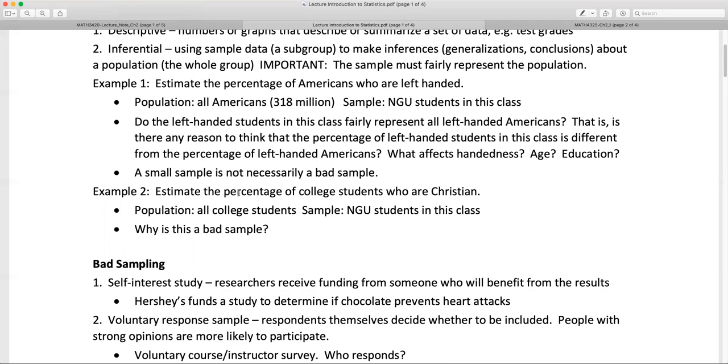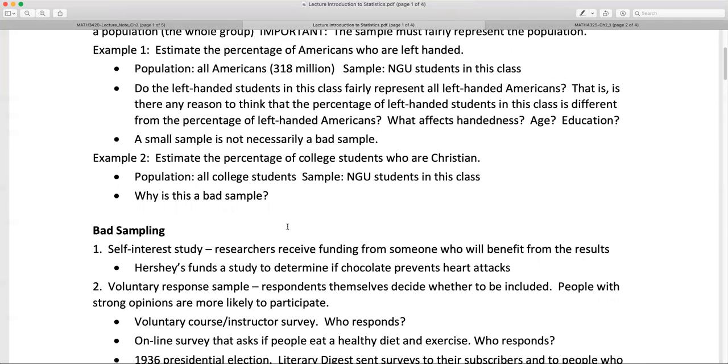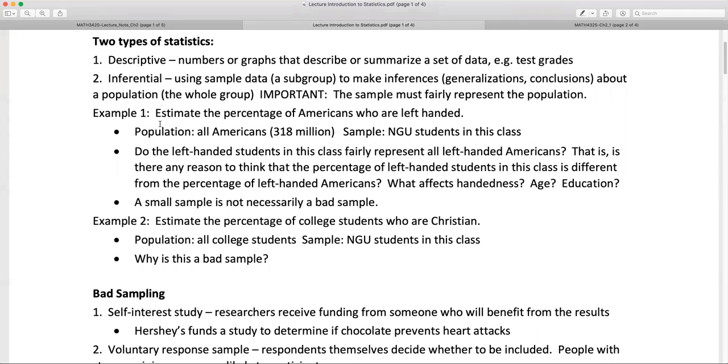In this case, that sample is going to be a bad sample. So in inferential statistics, sampling is really important.